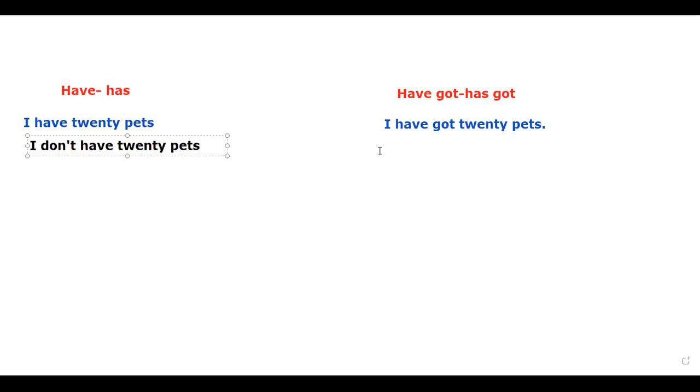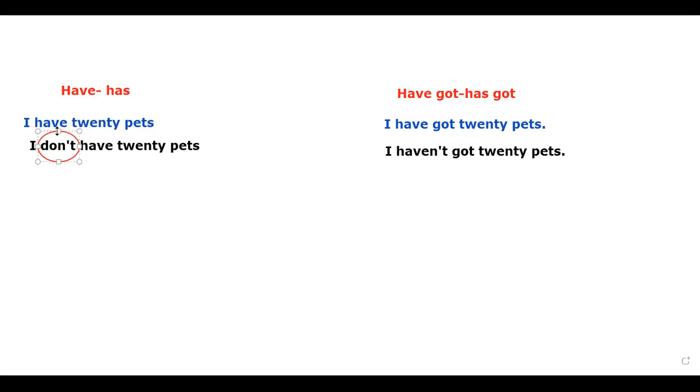But what happens with have got? Here I am going to use the auxiliary. I haven't got 20 pets. Okay, so in the first one, we are going to use do as an auxiliary verb. And in the second one, we are going to use just have.